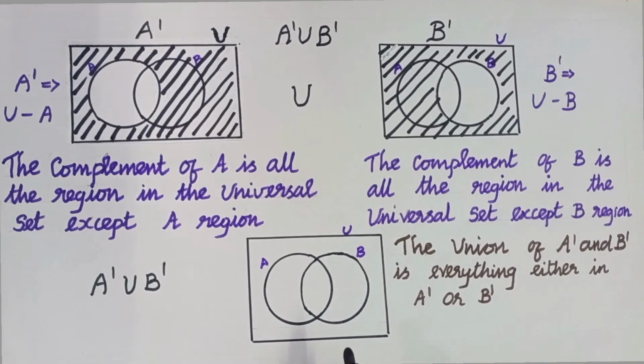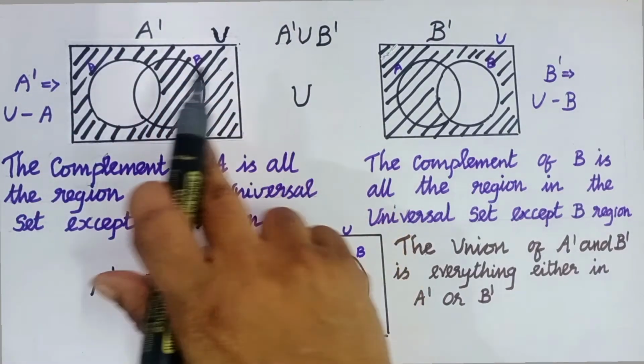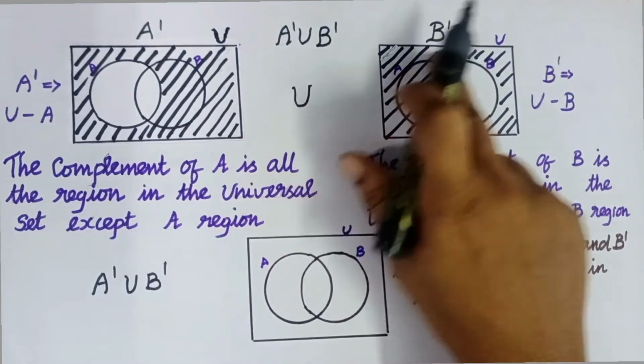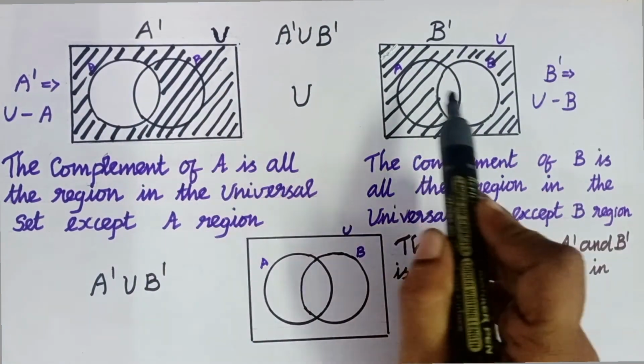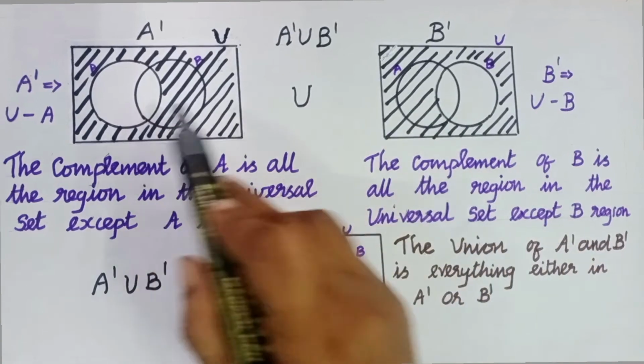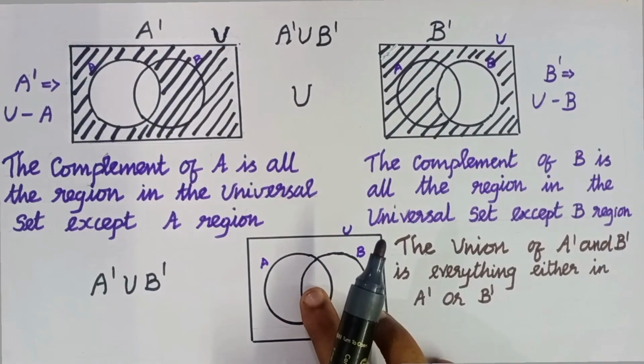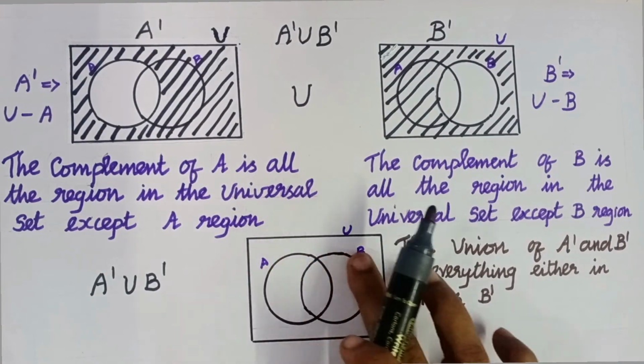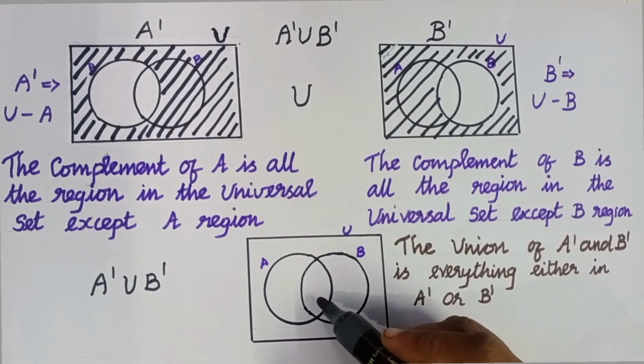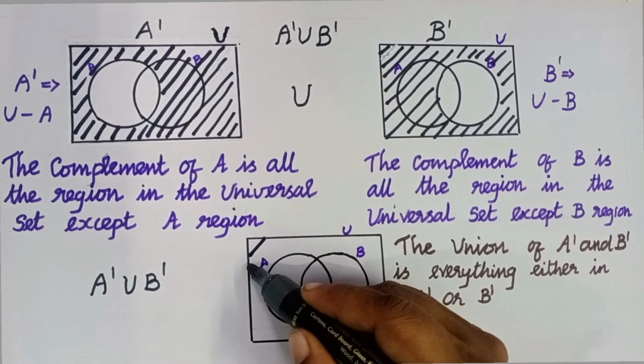Now let us go to the last part, A dash union B dash. Clearly from this symbol, union, you have to join the diagrams of A dash and B dash. See here, in both the diagrams, this overlapping area is not shaded. So leave this overlapping area and shade all the region except this overlapping area.